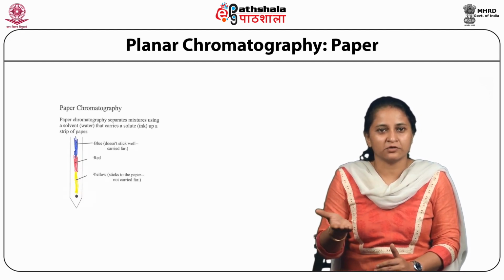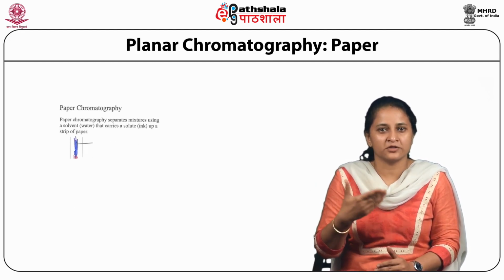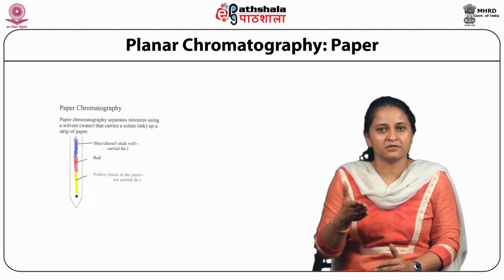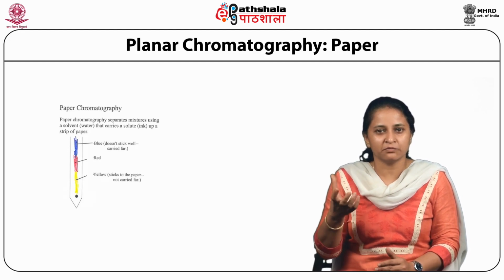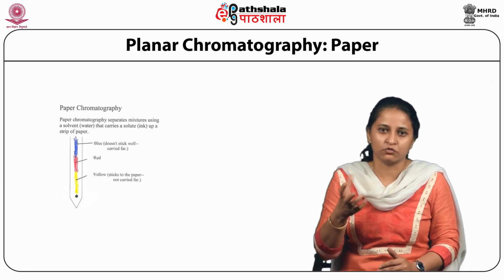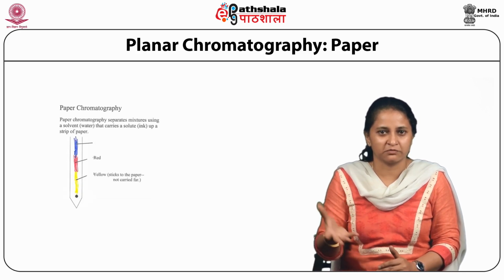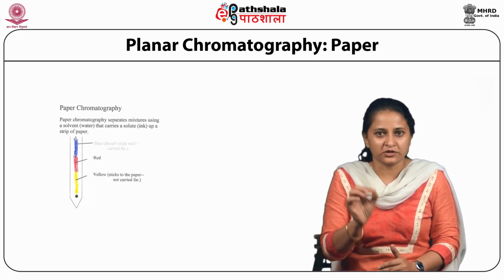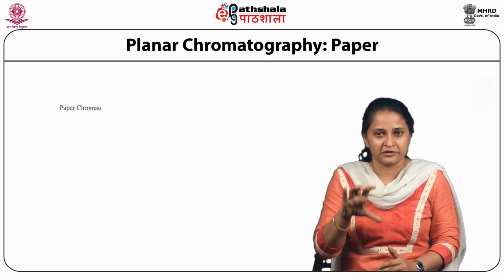Now, the good thing about paper chromatography, despite its simplicity, is that it is rapid and it is quite reproducible and relatively inexpensive. The diagram here shows you a very simple kind of paper chromatography in which the ink, your common ink that is used in fountain pens, has been spotted onto the base of your separation medium, which is the filter paper.